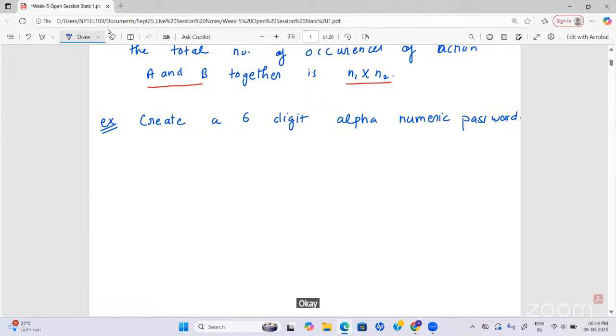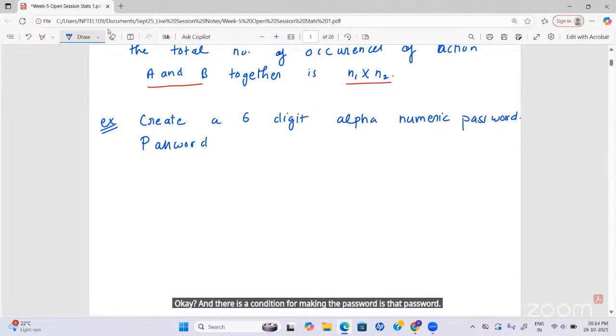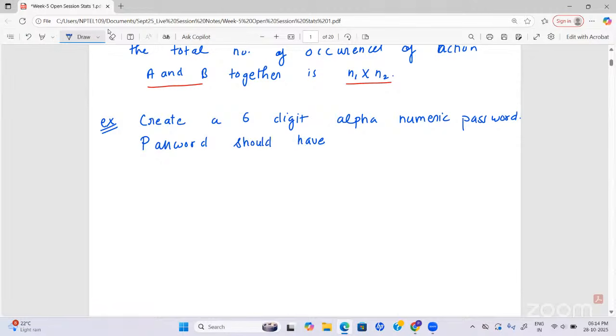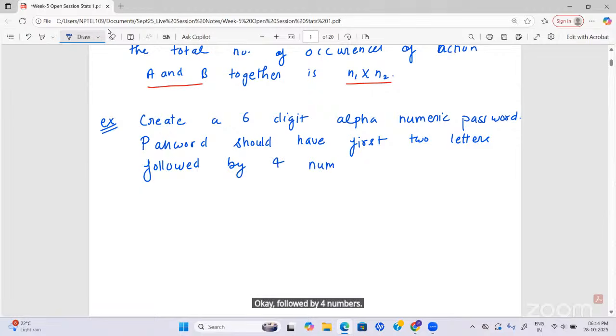The condition for making the password is that it should have the first 2 letters, followed by 4 numbers. Now tell me, how can we do that?